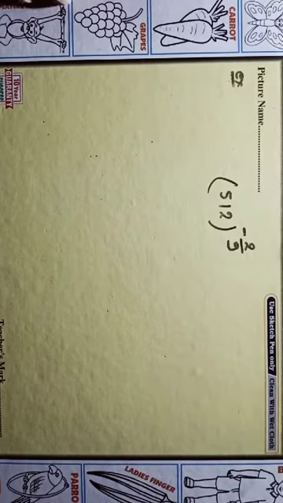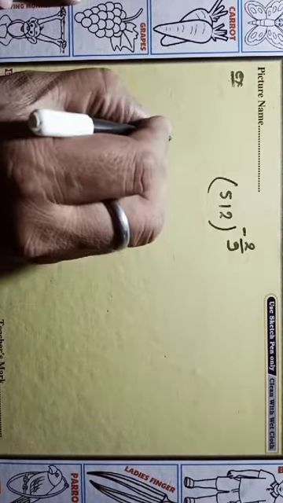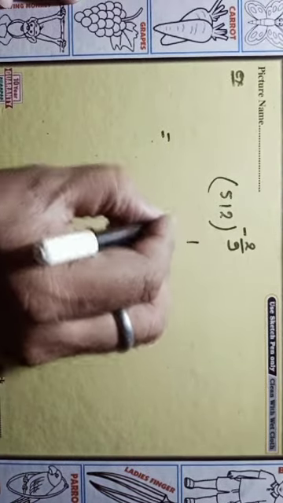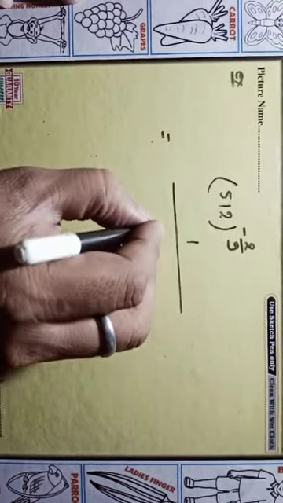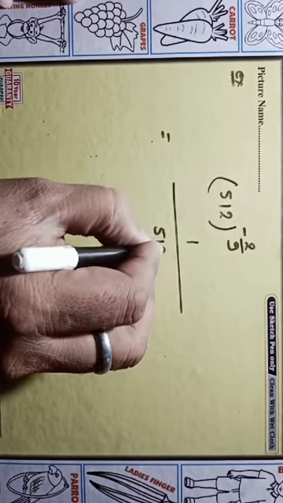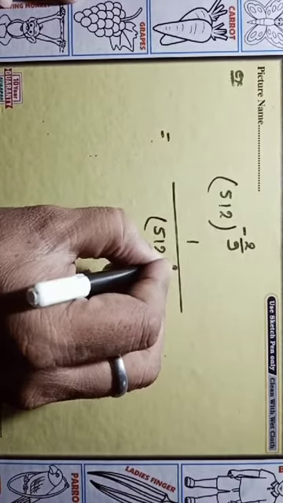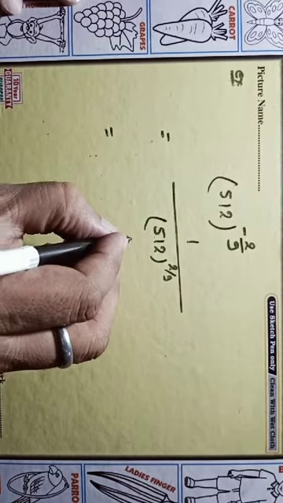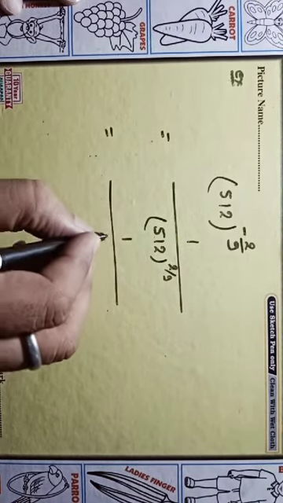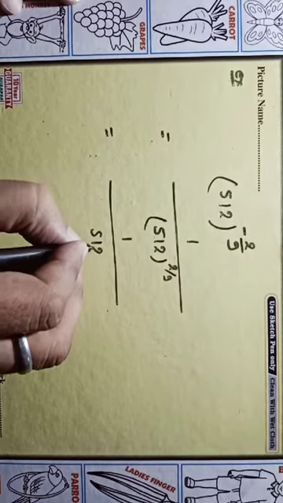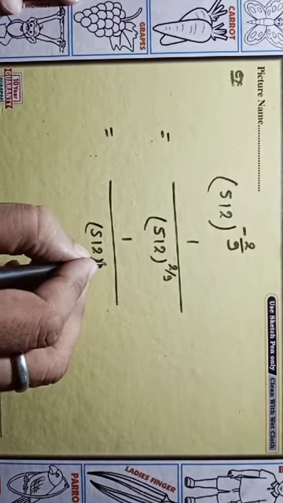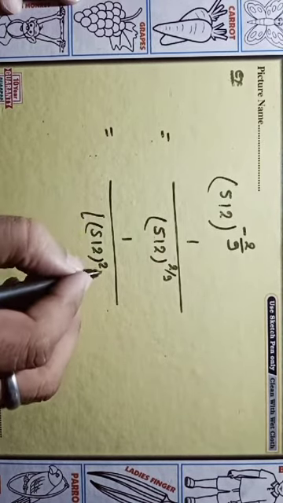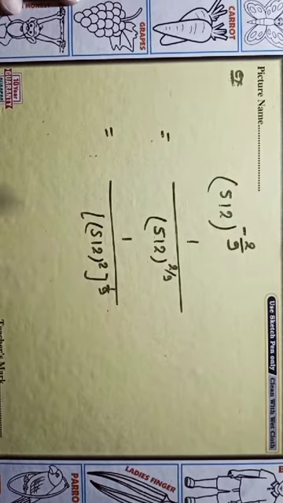Now next calculate the value of 512 to the power minus 2 by 9. This value is written as 1 by 512 to the power 2 by 9. Now this value is changed to 1 by 512 squared, to the power 1 by 9.